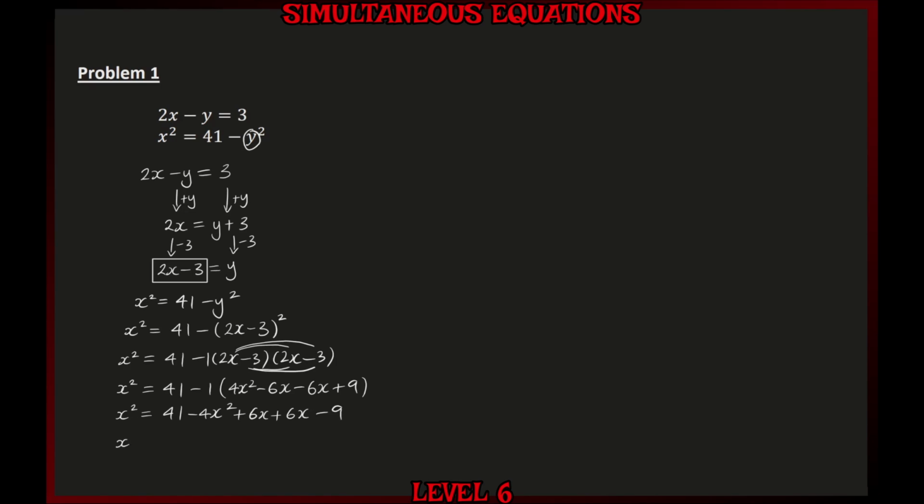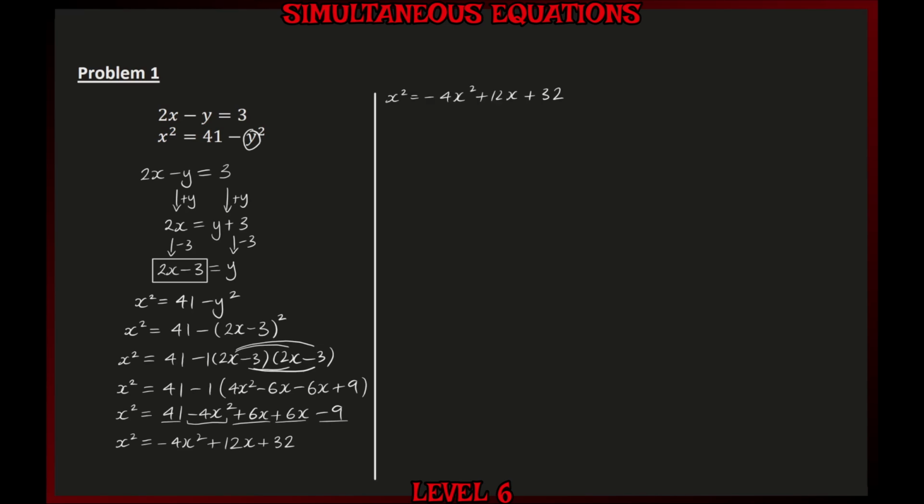We can now simplify the right hand side by collecting the like terms together. So we have minus 4x squared. We can collect together a plus 6x and a plus 6x to give us plus 12x. And we also have 41 minus 9, which gives us plus 32.